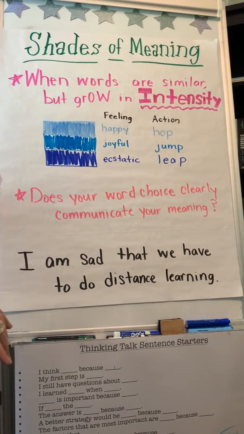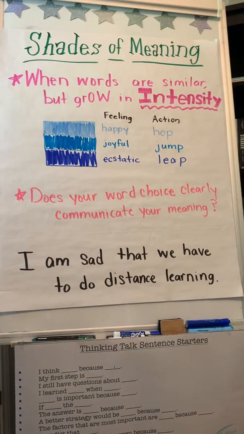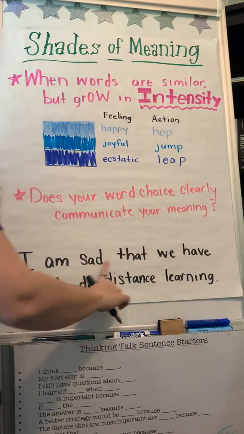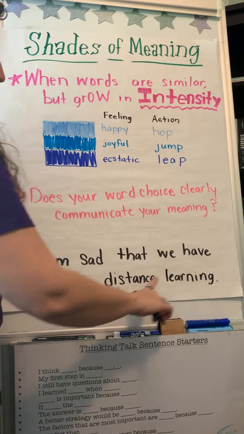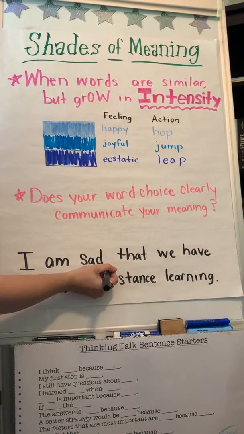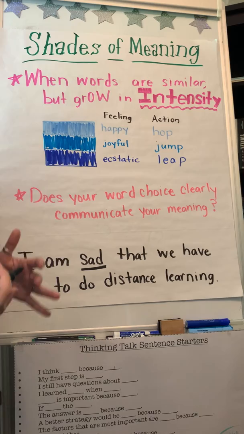So I have a sentence for us to practice with. I have my action word here. I have my feeling word here. So my sentence is, I am sad that we have to do distance learning. My feeling that I'm communicating here is sad. Where do you think sad is on the shades levels?